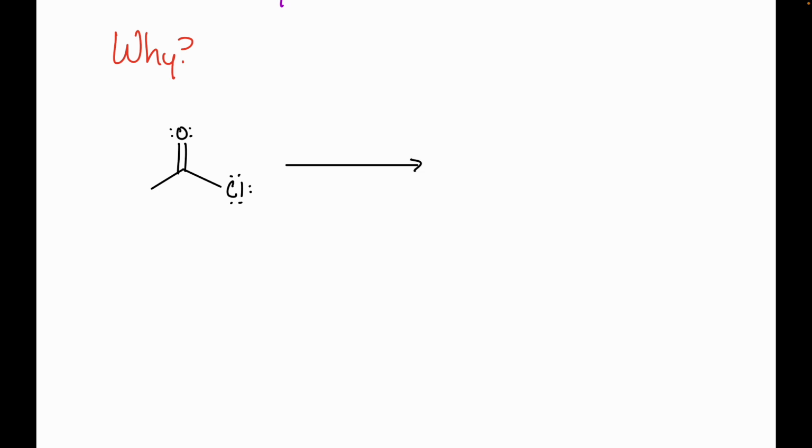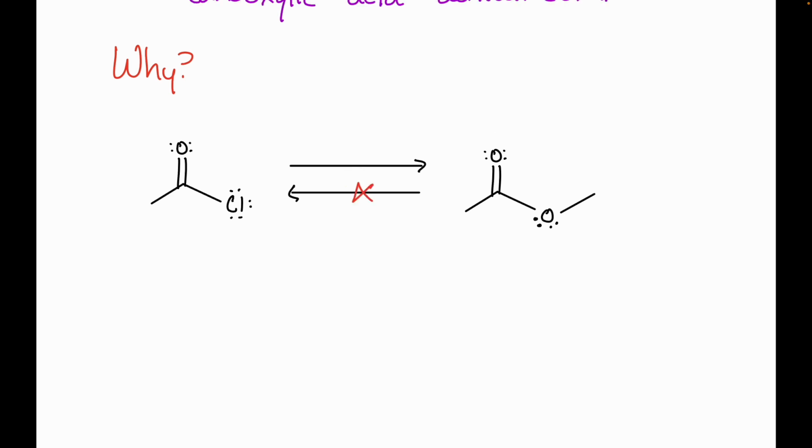We'll go for an ester. Okay, and again, we can go in this forward direction, but we can't go in the reverse direction. All right, and again, the question is why?